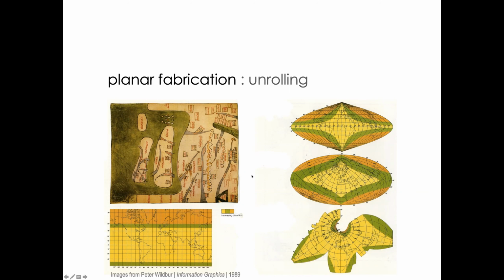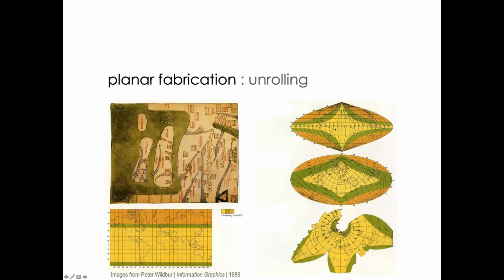And what's interesting here is that there's a color-coding of how much distortion is involved, right? So in other words, when you take something doubly curved and you just try to flatten it out, let's say a globe or a dome, it's really hard to do it without tearing, stretching, or otherwise deforming and distorting things. And so it's an imperfect way.